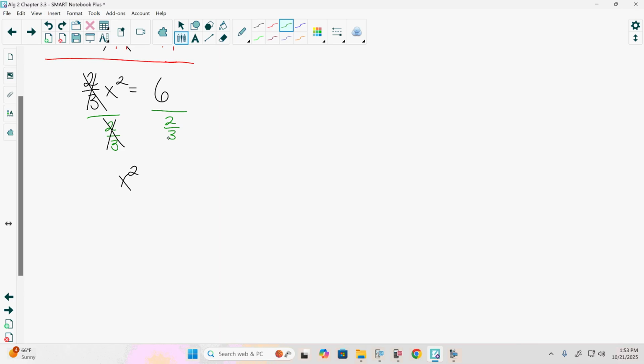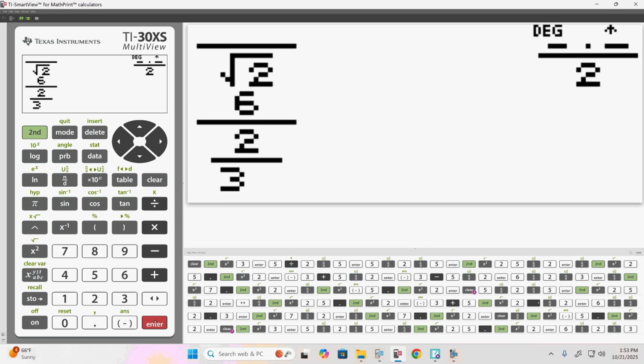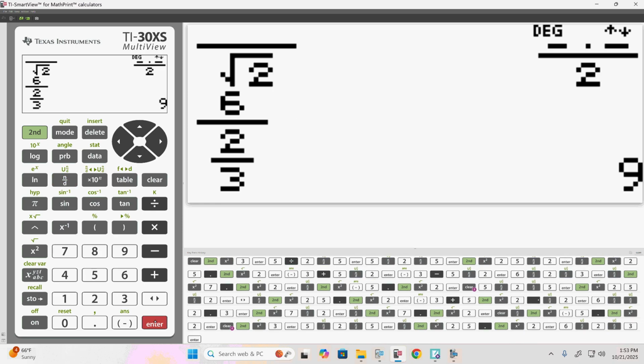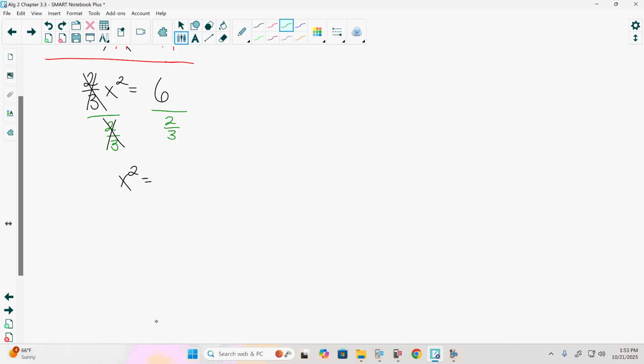Now we still have to divide 6 by 2/3. Luckily, we can let the calculator do 6 divided by 2/3, and it tells us it is 9. At this point, we have to square root both sides because our squared term is by itself.